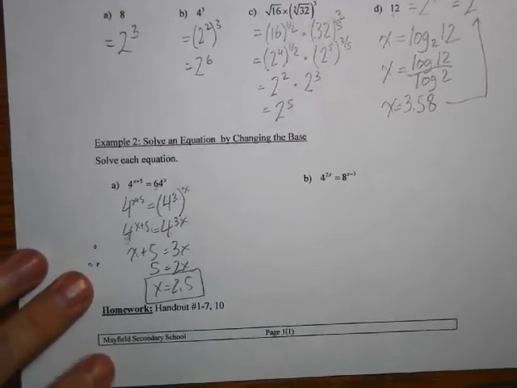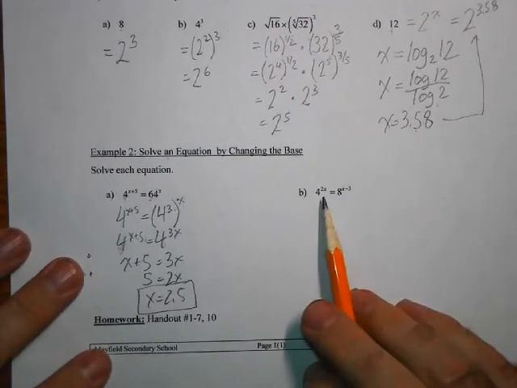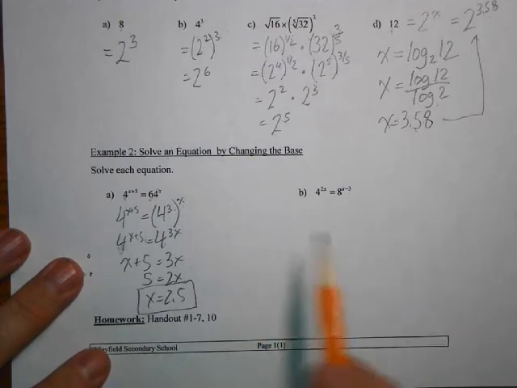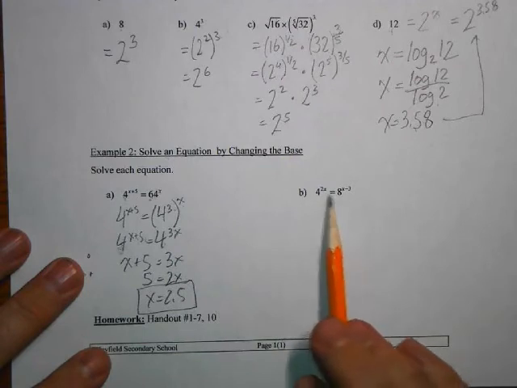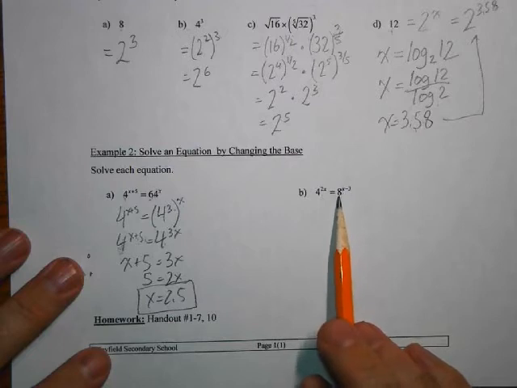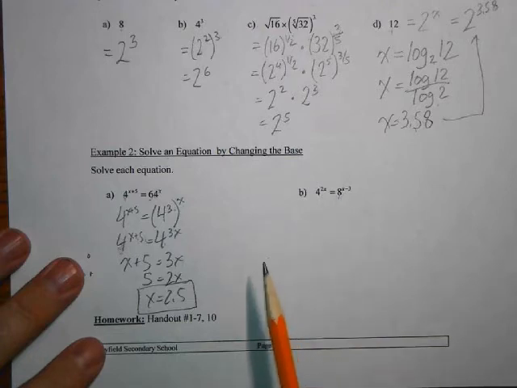Okay, last example. Got 4 to the power 2x equals 8 to the power x minus 3. So we try to do the same thing we did here. I take the larger base and I try to rewrite it as the smaller base. So can I write 8 as a power of 4? Unfortunately, I can't. 4 squared is 16, so that's not going to work.